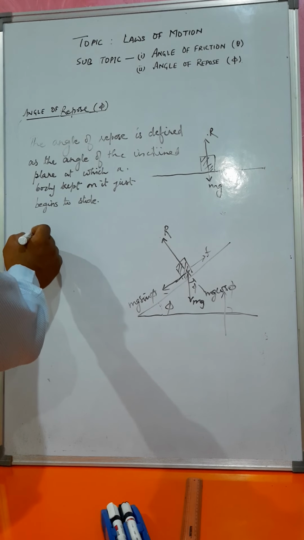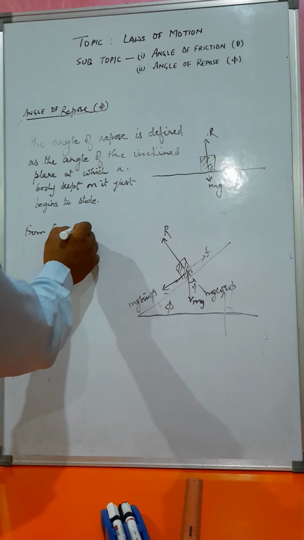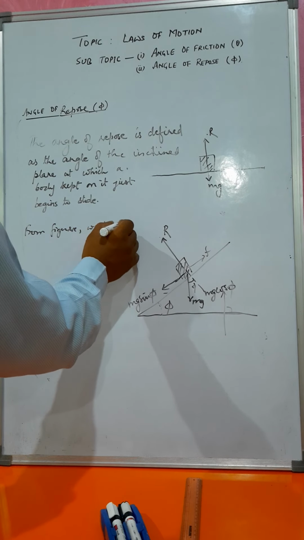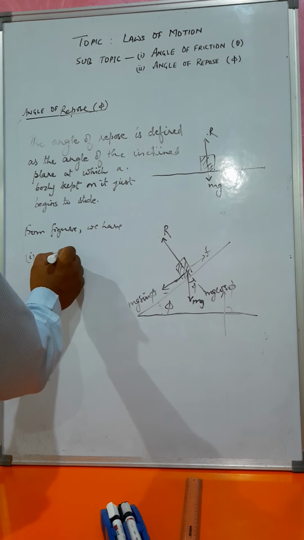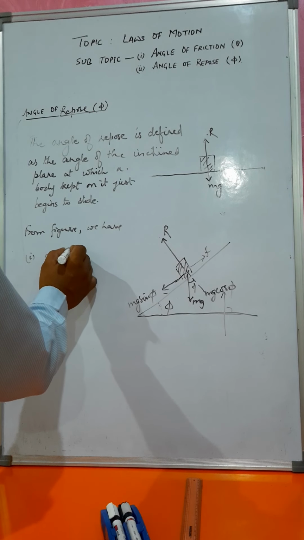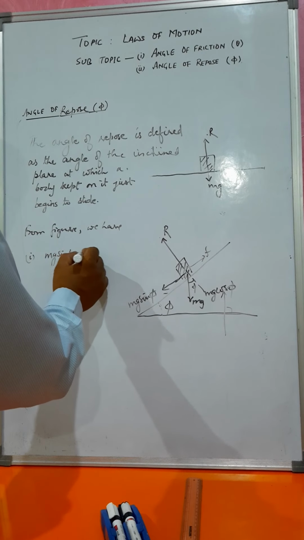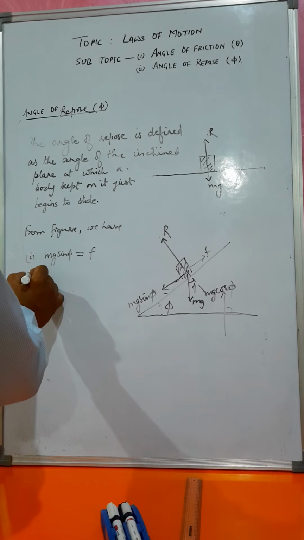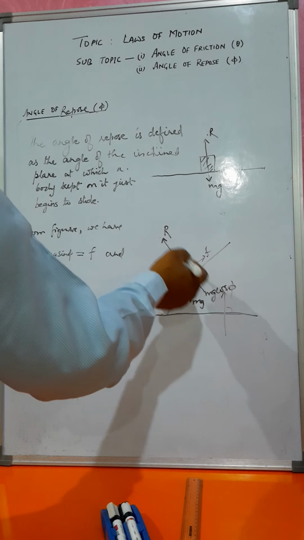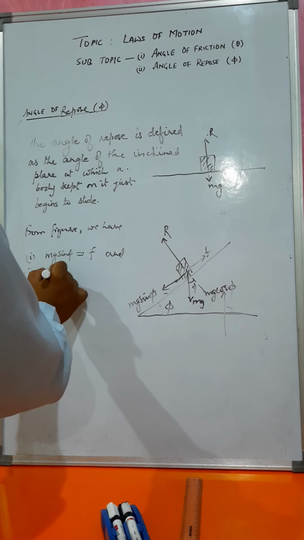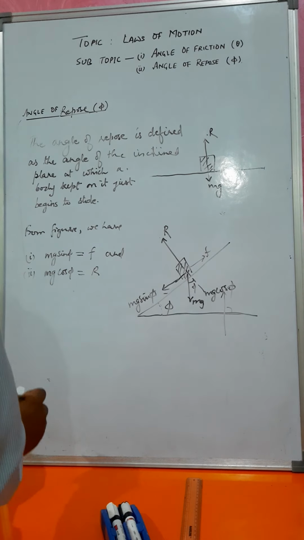We can write from this figure: one, mg sin phi is balanced by the force of friction, and second, mg cos phi is equal to the normal reaction.